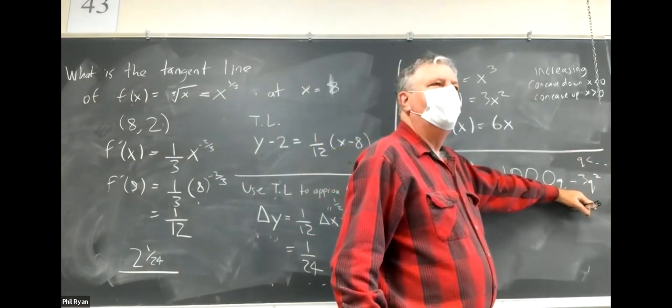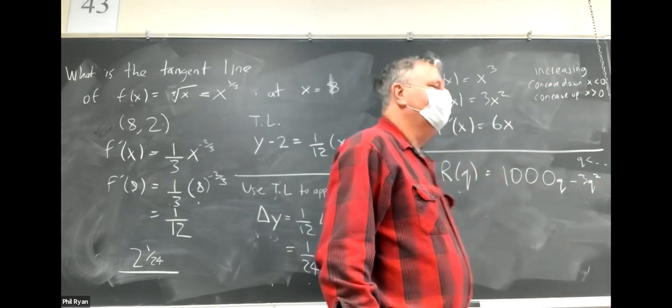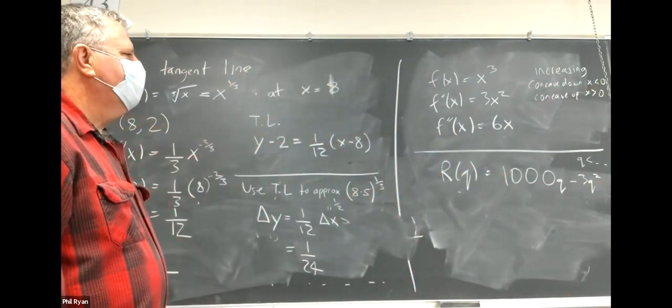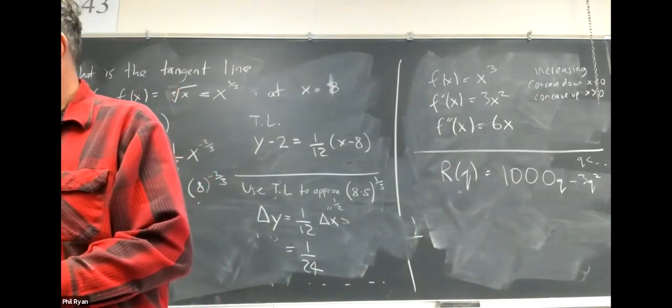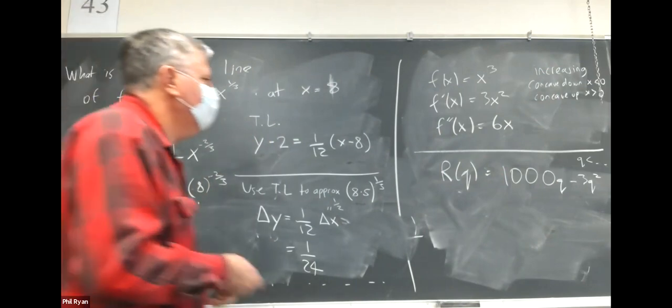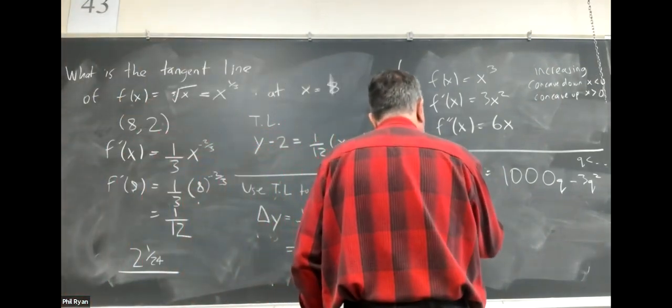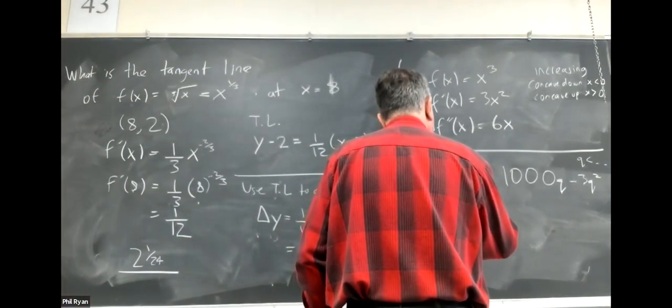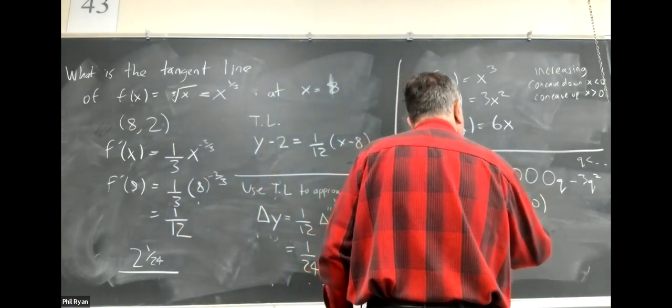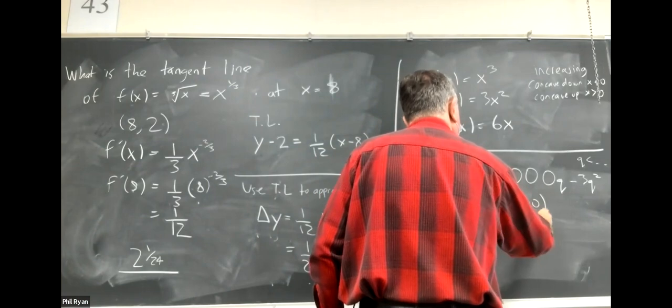Basically, it can't start going down, so however long that's valid for. So I can ask questions like, interpret R of 100 and R prime of 100.